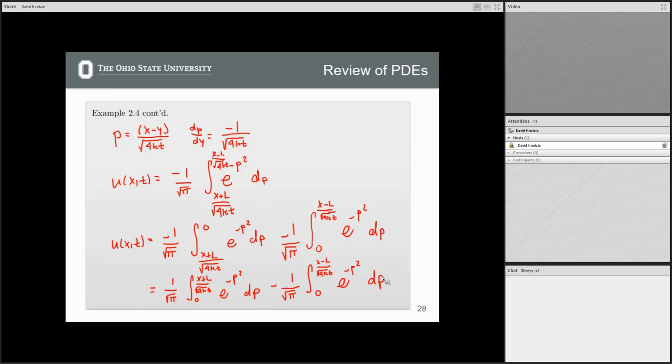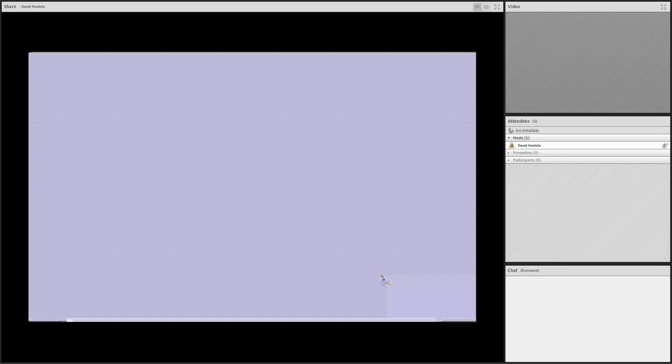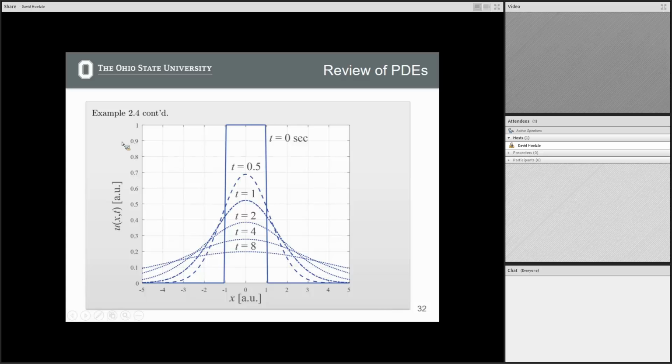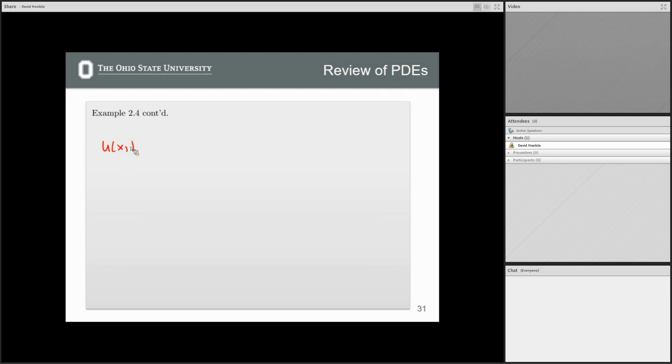Okay, so now I have two added terms there in the form of the error function. Solving this, I ran out of space here, so I'm going to write it here. The solution u of x and t is equal to 1/2 the error function for my argument.